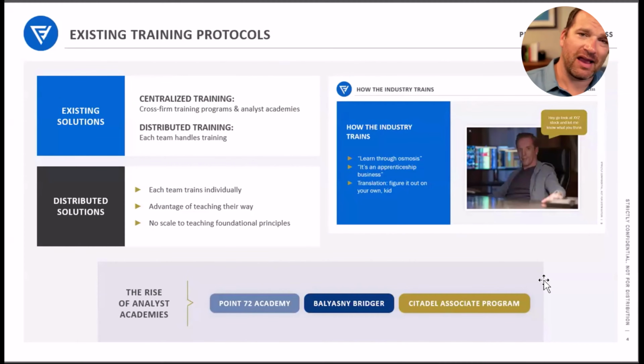The reality of the public equity business today is that it's mostly been a learn through osmosis apprenticeship business, which I translate to figure it out on your own, kid. There are some existing training programs. And over the last 5 to 10 years, you've seen more of a rise of internal analyst academies at Point72 and Balyasny and recently Citadel.